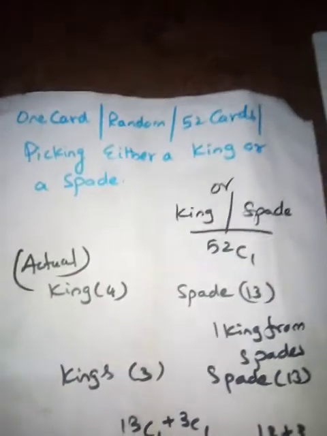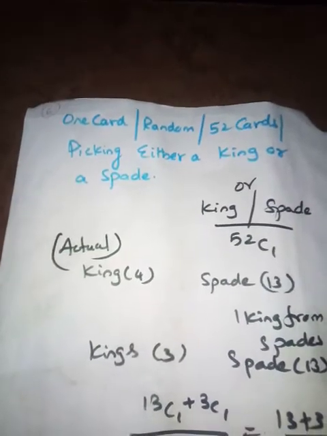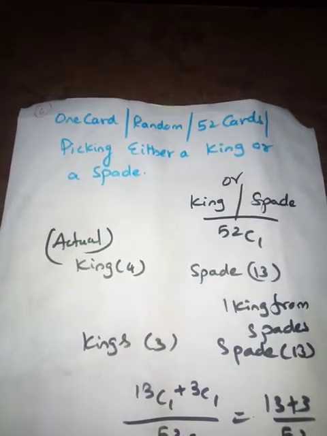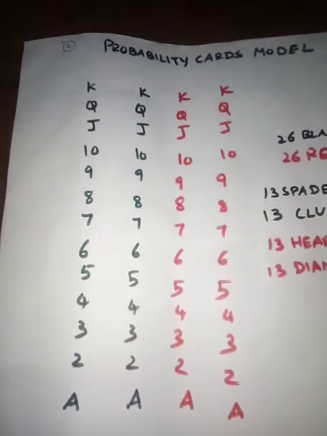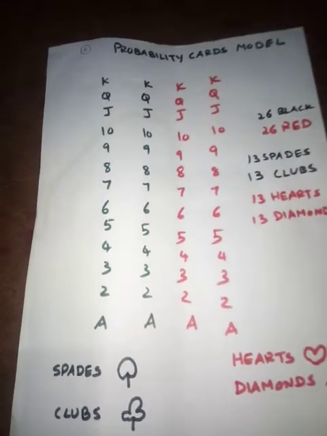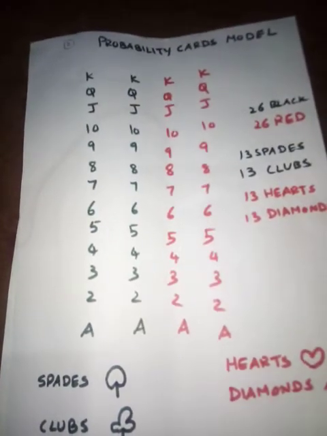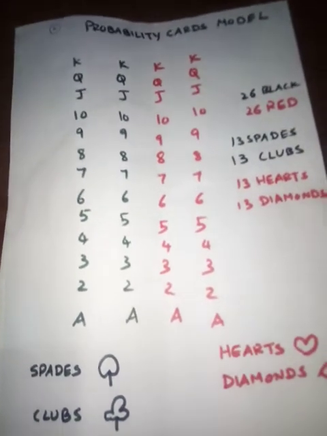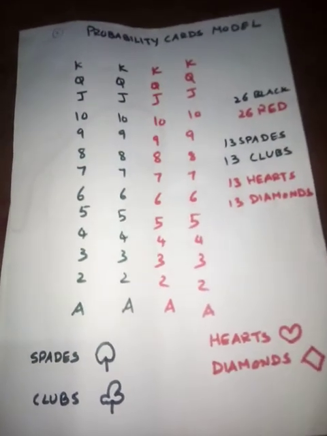As we know, there are 4 kings in these 52 cards and there are 13 spades. Now let us see the diagram again. There are 4 kings, 2 black and 2 red, and there are 13 spades. Let us take the first column of the cards as spades, second column as clubs, third column as hearts, fourth column as diamonds.